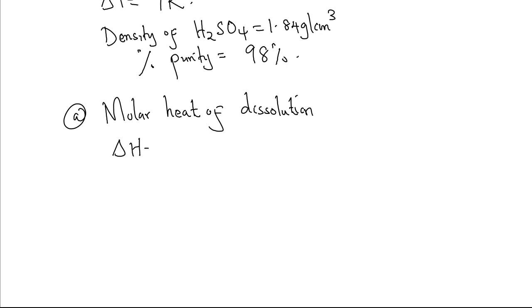Delta H, as usual, if we start by calculating delta H, we have a mass of 0.1 kilograms, times 4.2 kilojoule per Kelvin per kilogram, times the difference in temperature, which is 7.